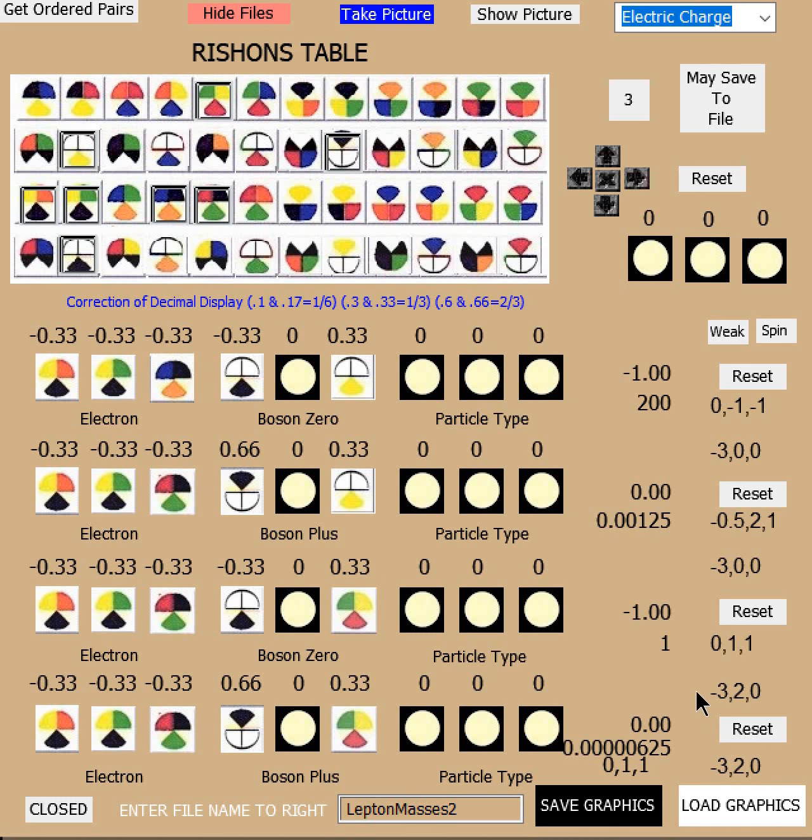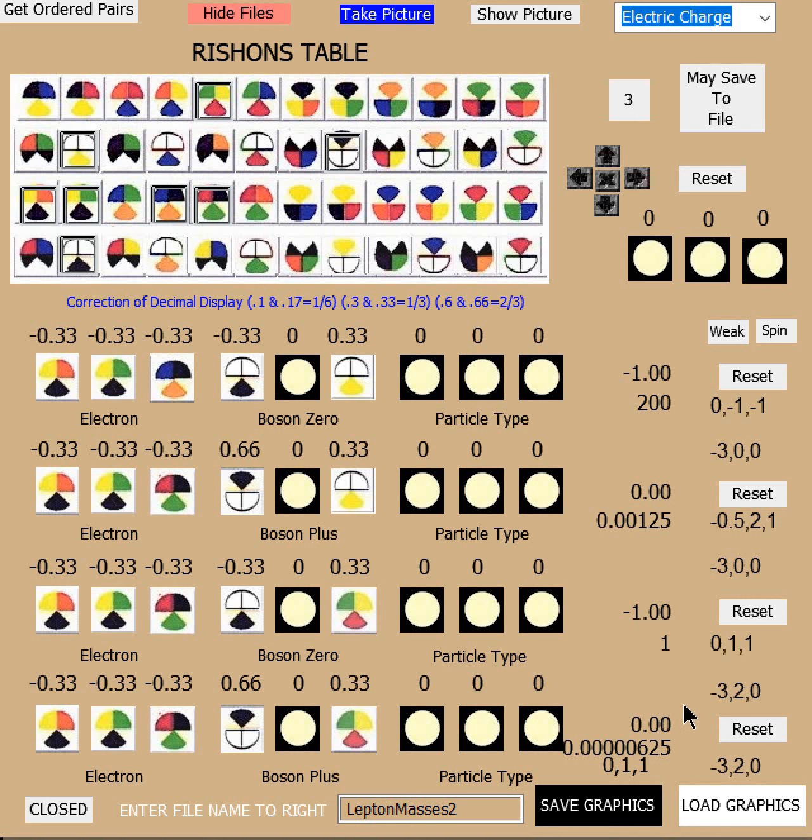So now we can see that the mass of the electron neutrino is quite small compared to the electron. It is 625 millionths of an electron volt. Quite a considerable difference, even compared to the other fractional units of the muon neutrino, of course, and the tau neutrino.